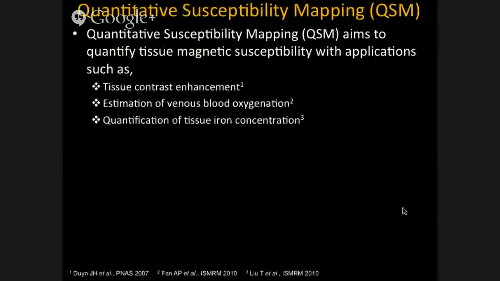So the method in which we estimate the tissue susceptibility is called quantitative susceptibility mapping, or QSM. And it has several important applications, such as enhancing tissue contrast, estimating blood oxygenation level, and quantifying tissue iron concentration.